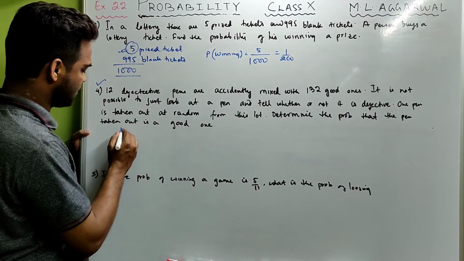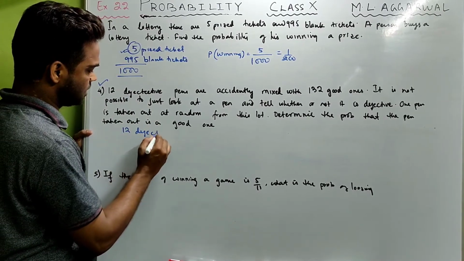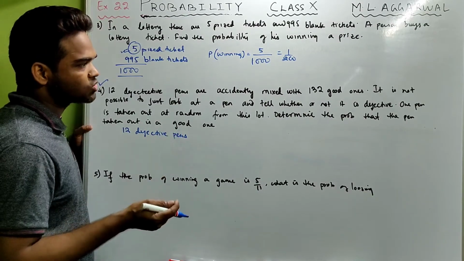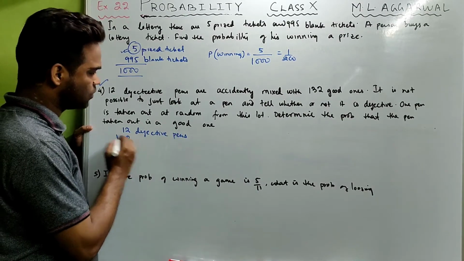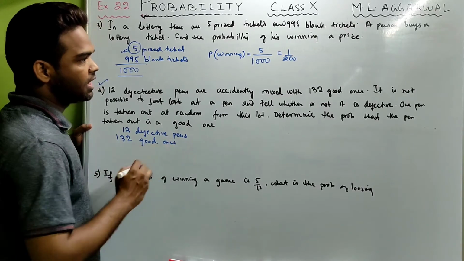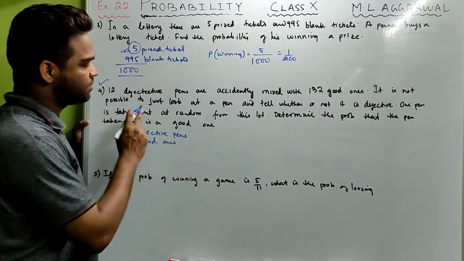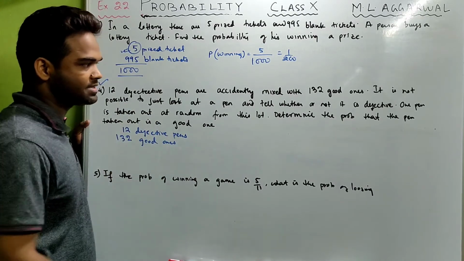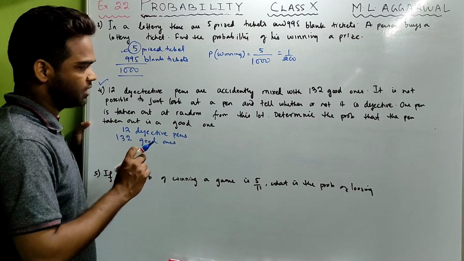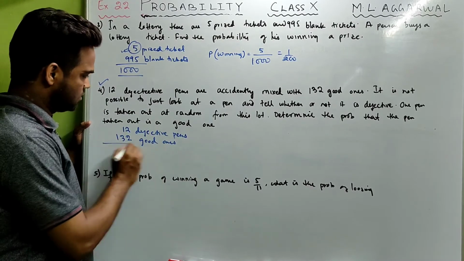Look at number 4. 12 defective pens are accidentally mixed with 132 good ones. It is not possible to just look at a pen and tell whether or not it is defective. One pen is taken out at random from this lot.